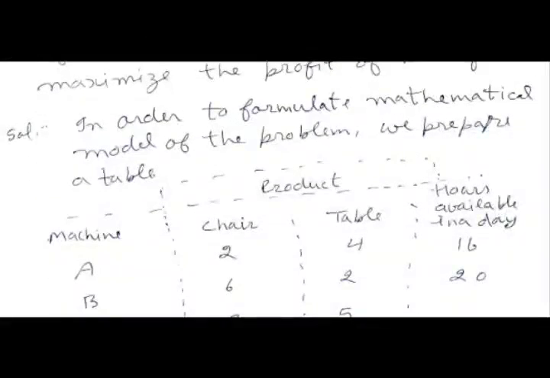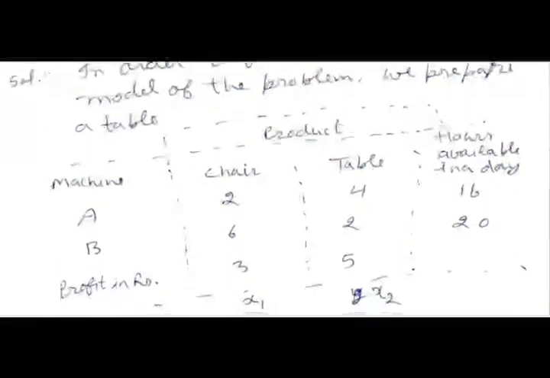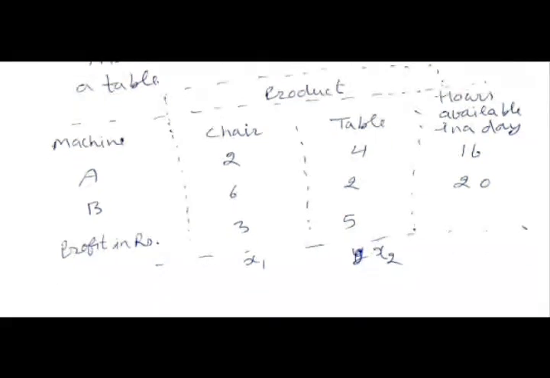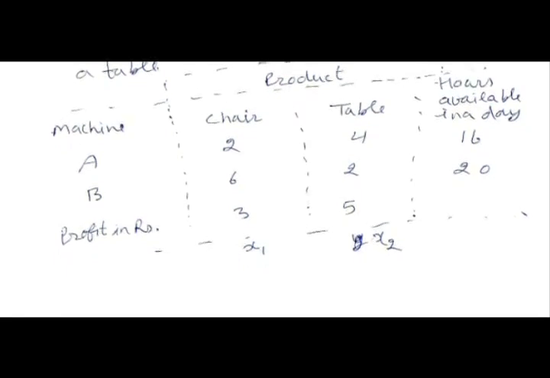Now, in order to formulate the mathematical model of the problem, we prepare a table. You can see on this screen, in the first column we write machines A and B, and then how many hours the chair and table require. A chair requires 2 hours of A and 6 hours of B, a table requires 4 hours of A and 2 hours of B. In the last column we are given the hours available of machines A and B in a day: for A it is 16 and for B it is 20.